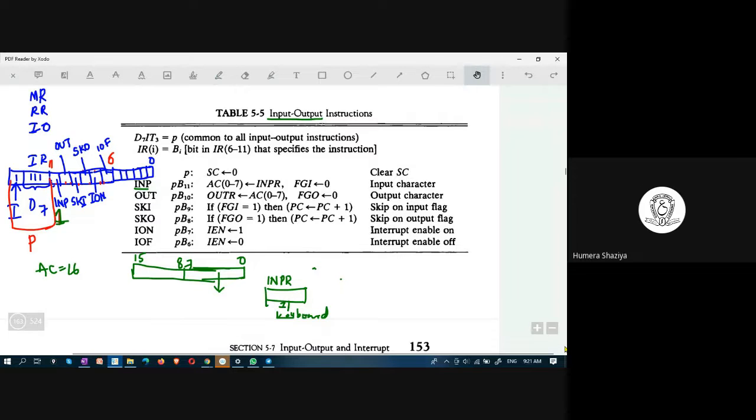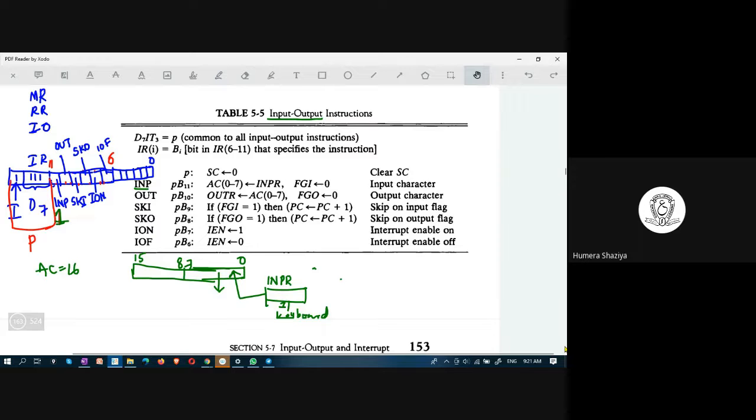Whatever character we press on the keyboard, that character's code is stored in INPR and then flag is set to 1. Later, when the instruction register contains value 1 in B11th bit, that triggers the transfer of data from input register into this low order byte of AC.